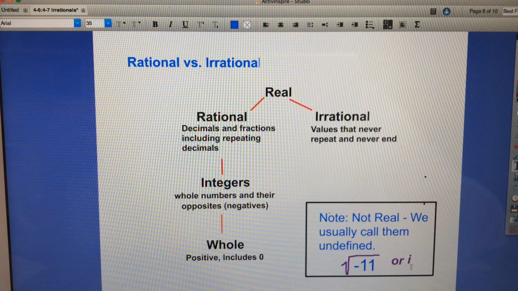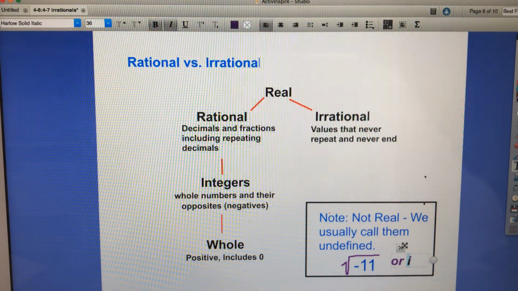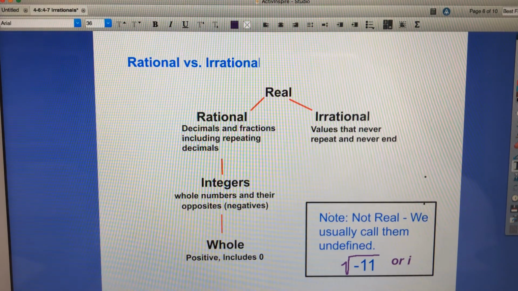You're going to find out when you get to Algebra 2 and Trig that there's something called small i, and this i is called imaginary numbers, and it does exist. But that's for a later day and a later time. But there is a number called imaginary i, and it entails the square root of negative numbers. Spoiler alert, it's coming.